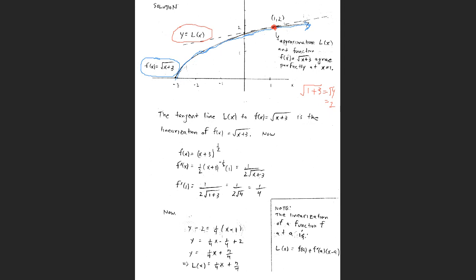And the reason we use L of x for y is because it's going to be what's called a linearization. The tangent line is a linearization of the function. This tangent line here is a linearization of the function.